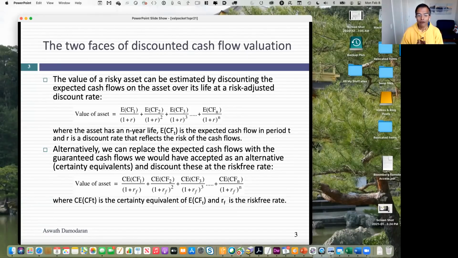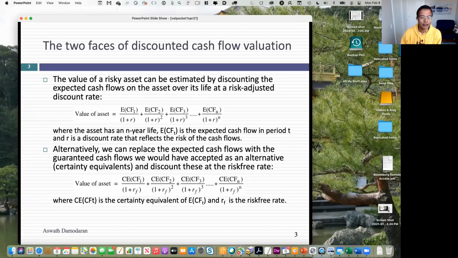But a certainty equivalent, what you do is you take each expected cash flow, and instead of using the expected cash flow, you replace it with what you would accept as a certain equivalent. The riskier the expectations, the lower the certain equivalent has to be because you're risk averse. I know it's incredibly messy to even think about doing this for 10 years of cash flow, but let's say you could do this.